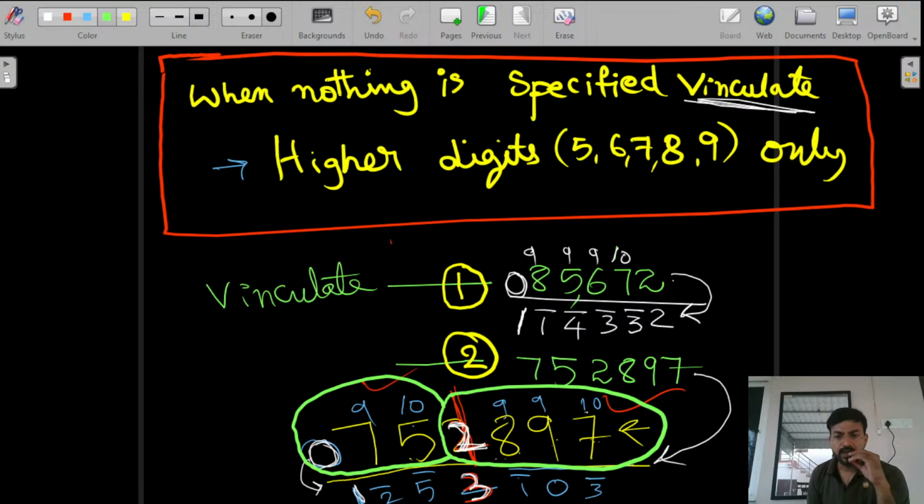So in both parts we have to apply both vinculation rules, all from 9, last from 10, and taking the successor of the remaining part. So you have to take 3 as the successor of 2 here. You have to take 1 as the successor of 0. Okay, that is the reason. Next, vinculate this.